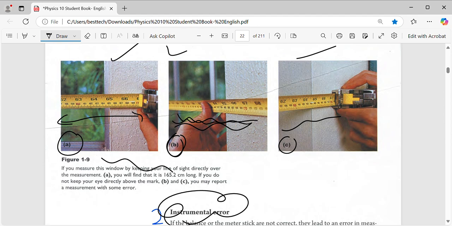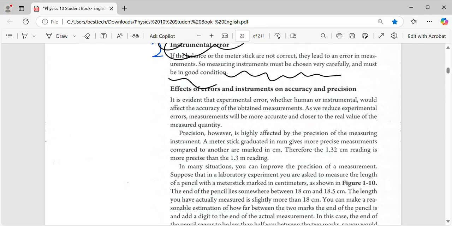We would like to get the same quantity, the distance of the window, but from a different angle, position and direction. So this may be one of the factors that can give you a wrong result, so you should be careful to get the answer, guys. So we have some factors that can affect accuracy and precision.